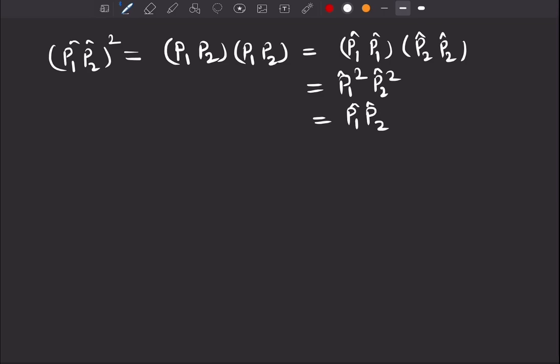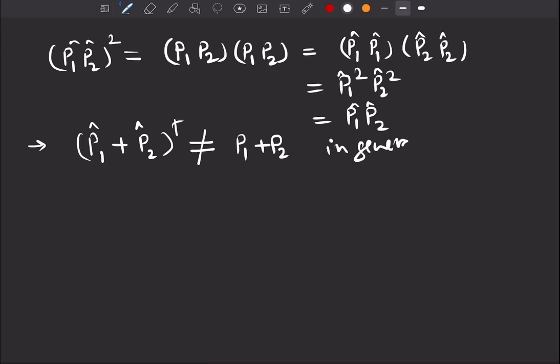The summation of two projection operators is generally not a projection operator. The second point is that the summation of two projection operators P1 and P2 will generally not give P1 plus P2 as a projection operator.